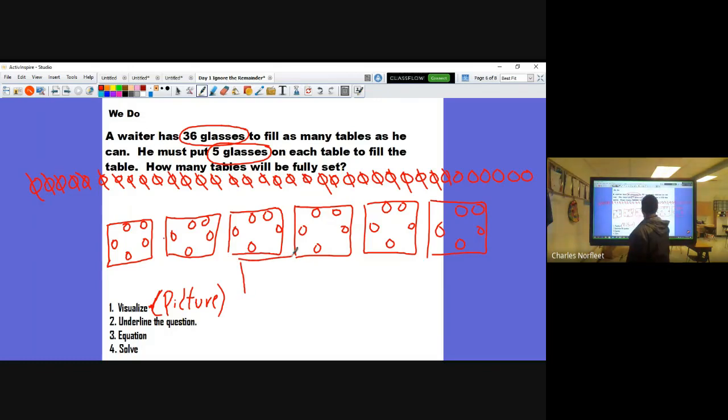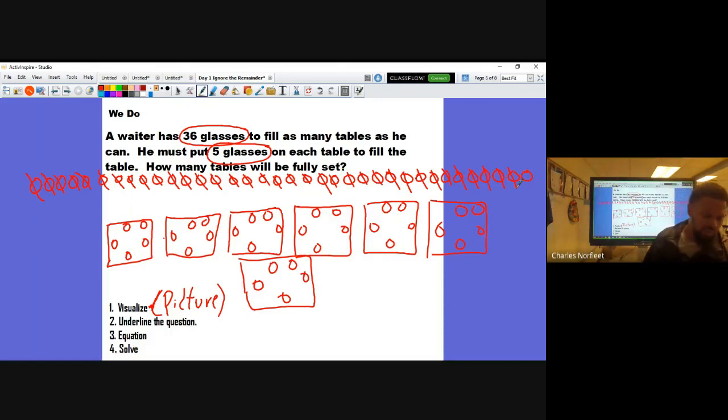And let's see. All right, so I have 1 glass left. Can I draw another table? Julio, no. You sure I can't put that 1 glass on the table and just set one person there by herself?